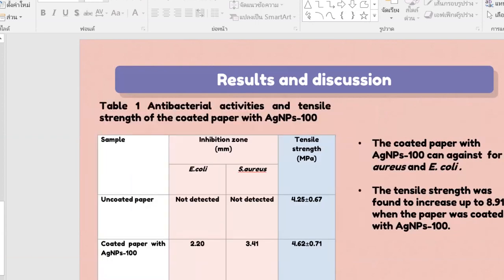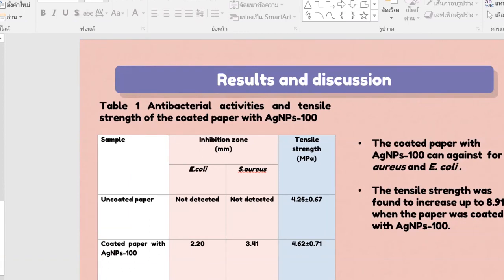This shows the result of antibacterial activity and the tensile strength of the paper coated with silver 100. After we coated the paper with silver 100, our sample can act against E. coli and Staph aureus, which are gram-negative and gram-positive bacteria.